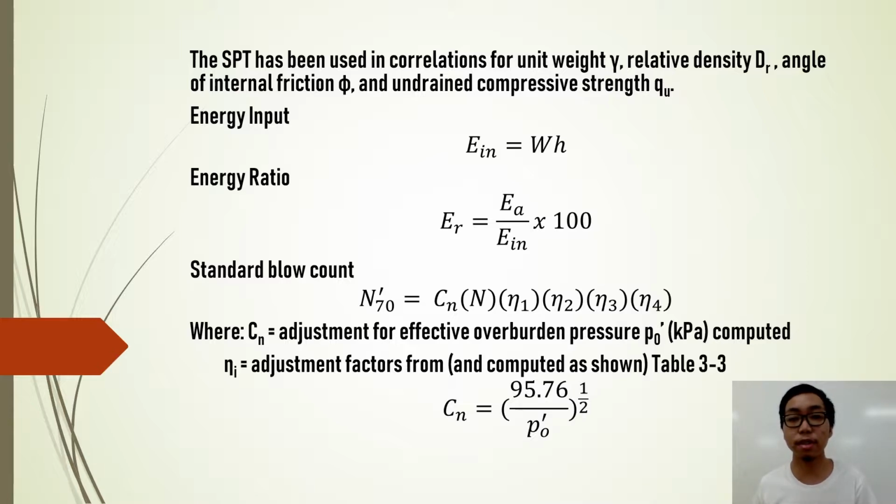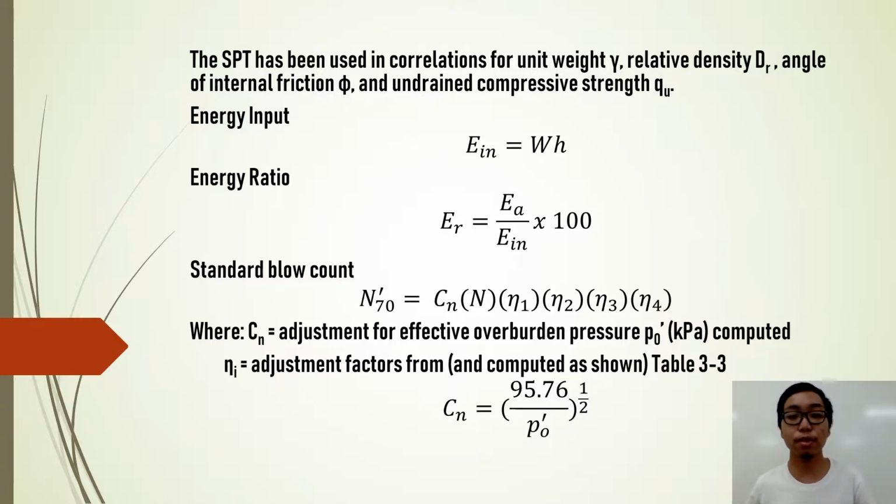These discrepancies between energy in and EA are because of equipment from different manufacturers, drive hammer configuration, overburden pressure, length of drill rod, and other factors. In order to correct these discrepancies, the SPT energy is standardized and represented by an energy ratio, which is ER equal to EA over EN times 100.